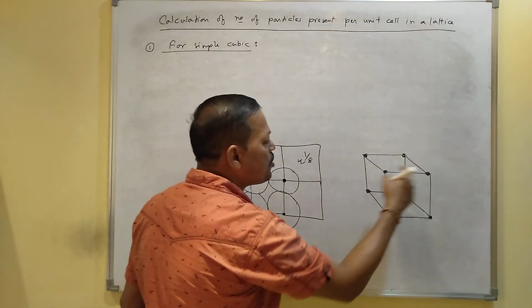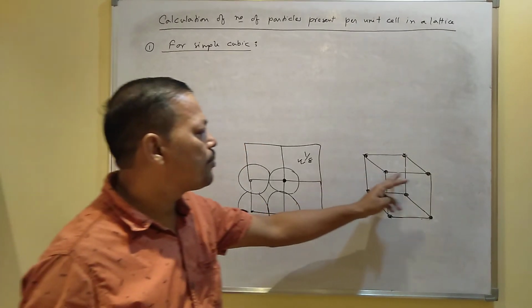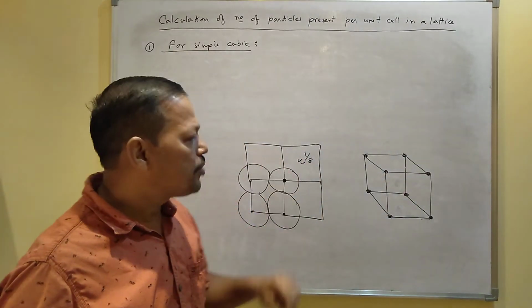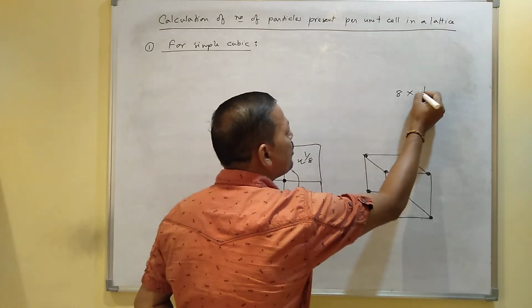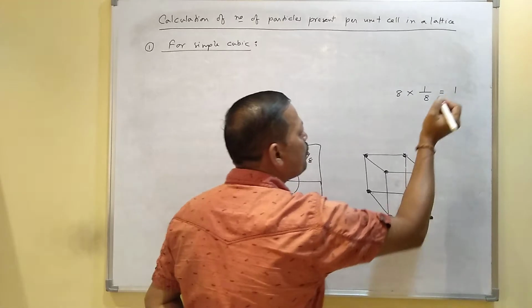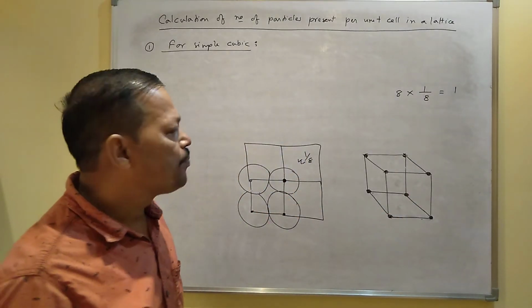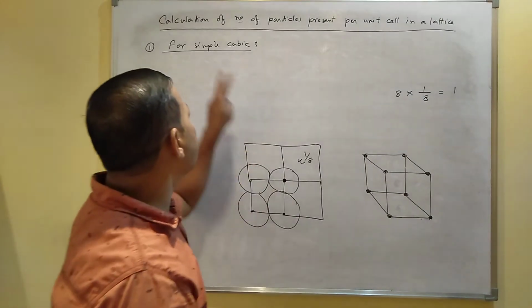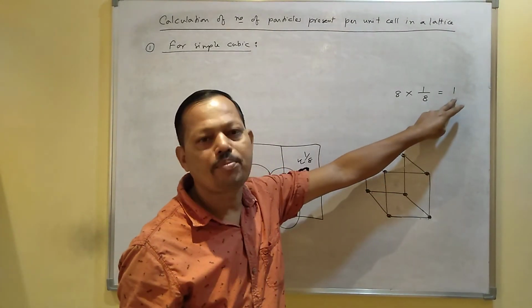Since there are 8 corners, from every corner you will get 1 by 8, 1 by 8, 1 by 8, like that from the particles. So how many corners? 8 corners. So from every corner you will get 1 by 8 part. Ultimately you will get how many particles? You will get only 1 particle per unit cell. I mean when it produces the lattice, and if it is a simple cubic lattice, then one unit cell contains only 1 particle.